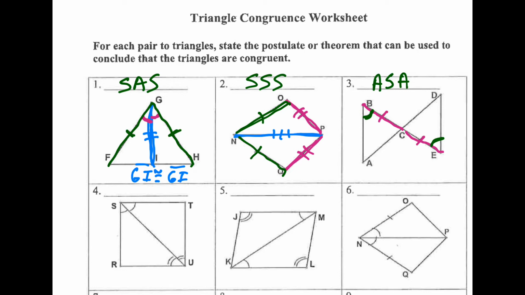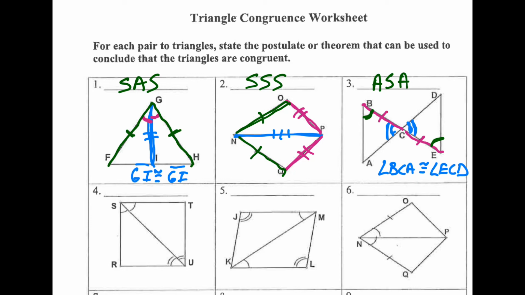There's nothing reflexive here, so it can't be reflexive. But there's another invisible one that we know all the time, and that's the vertical angle theorem. Remember, we know vertical angles are congruent, so I know that angle BCA is going to be congruent to angle ECD.